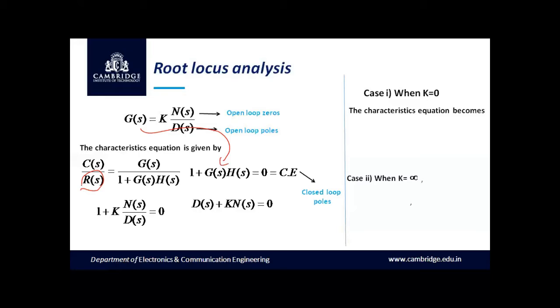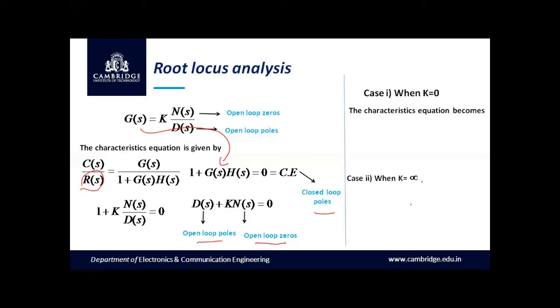Further simplification gives D of s plus k into N of s equals 0, in which D of s is the open loop poles and N of s is the open loop zeros. It is very clear that the closed loop poles can be represented in terms of open loop poles as well as open loop zeros.